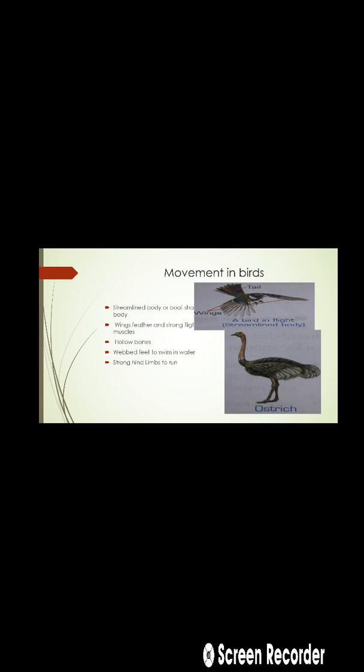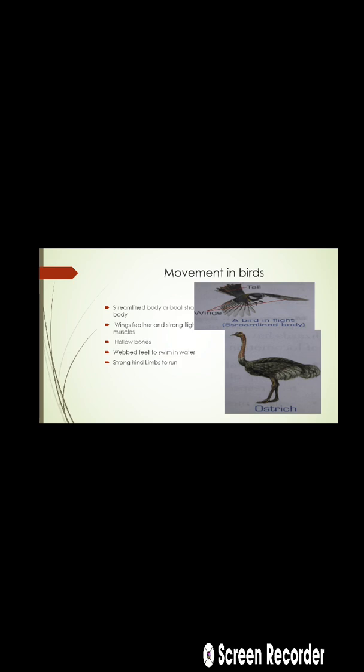Some birds are swimming birds. They live in water, such as duck and swan. They have webbed feet which help them to swim in the water. Some birds cannot fly. Those are known as flightless birds.